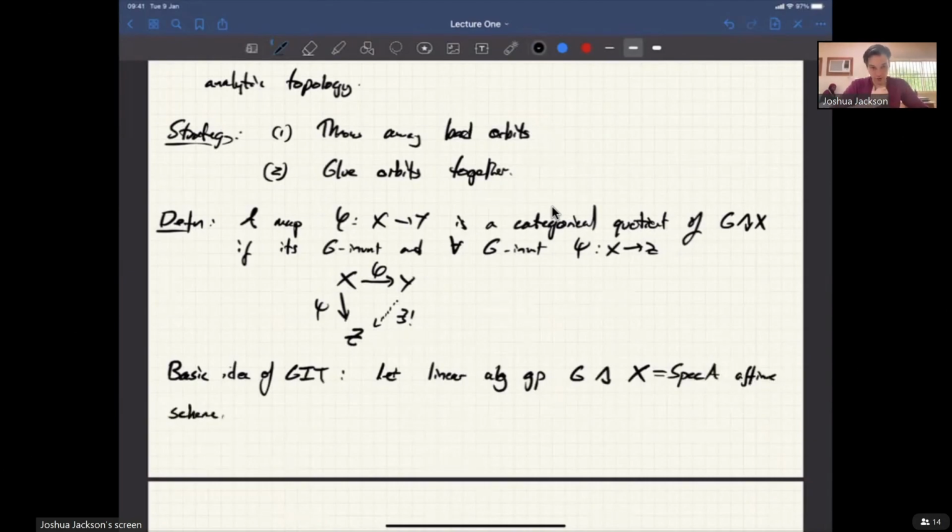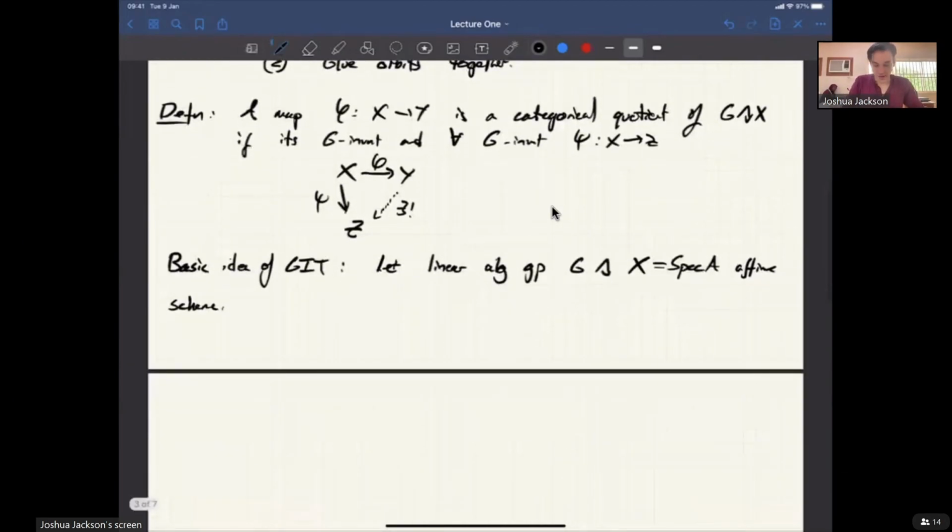A linear algebraic group is an affine group scheme. I'm going to be working over an algebraically closed field of characteristic 0, so I don't have to worry about whether it's smooth or not. But you should just think of it as a closed subvariety of n by n invertible matrices, if you like. That's a perfectly good way of thinking about it.